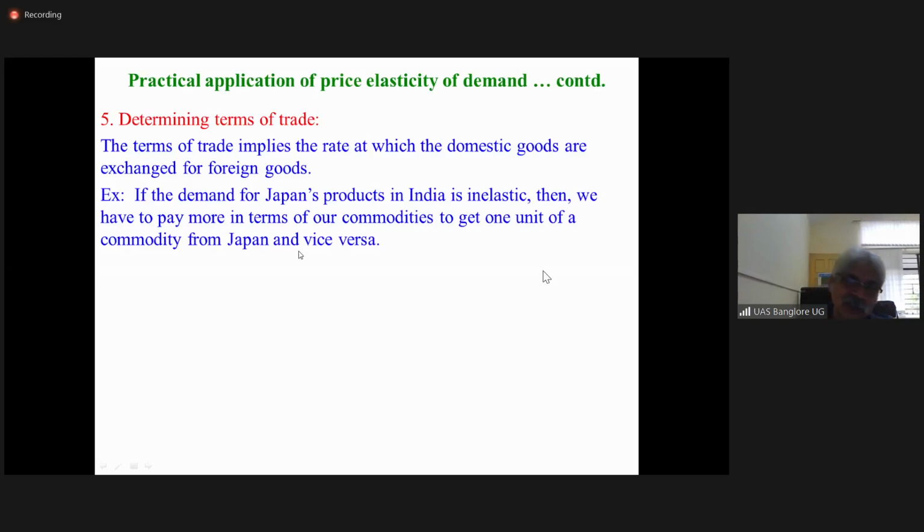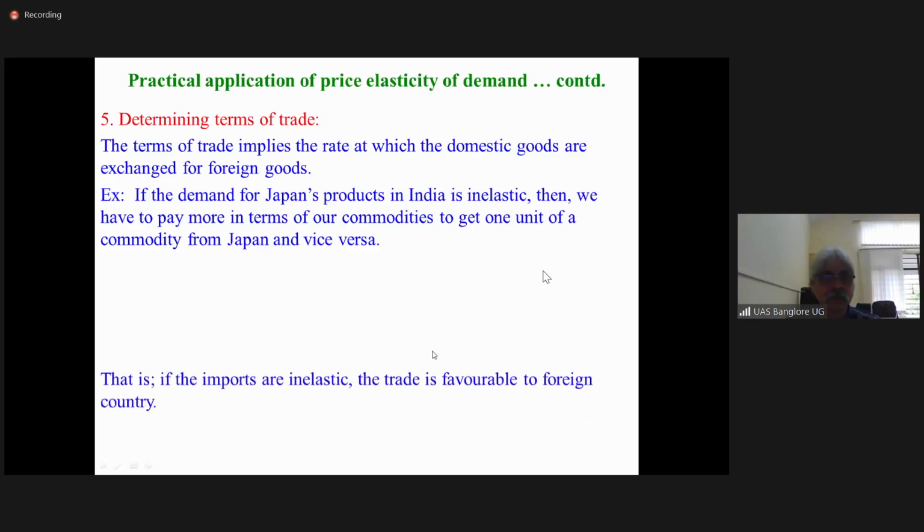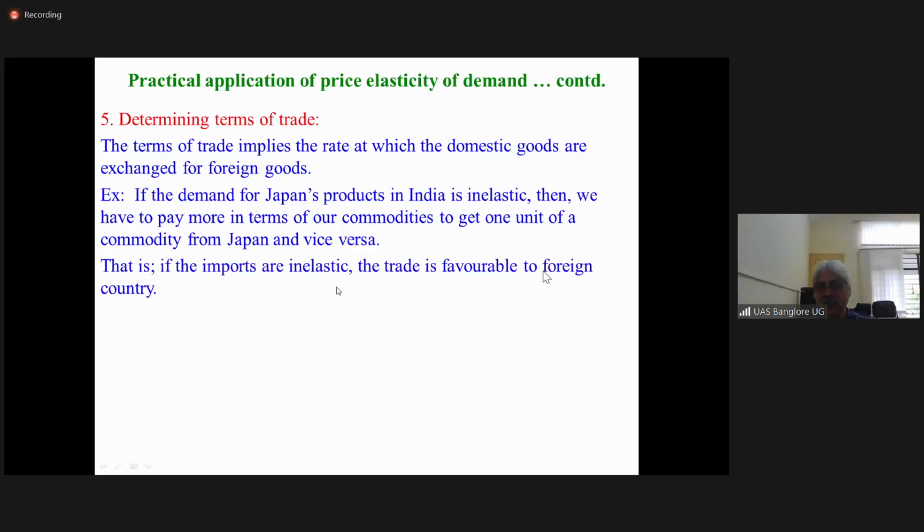Okay, so if the demand for Japanese goods is inelastic, that means whatever may be the price of Japanese goods, Indians want electronic goods from Japan. We love them. In that case, it becomes inelastic. Then to get electronic goods from Japan, we have to give more of our Indian agriculture commodities. That is, if the imports are inelastic, the trade is favorable to foreign country.